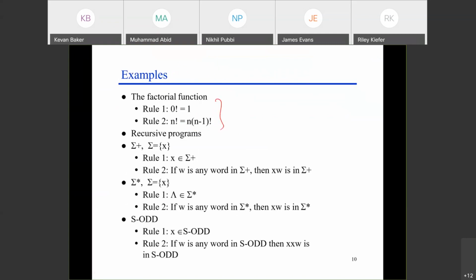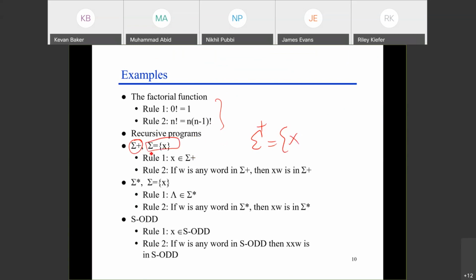And then for the summation, how do we write the recursive definition? We are saying that x is part of the summation because summation is equal to x.